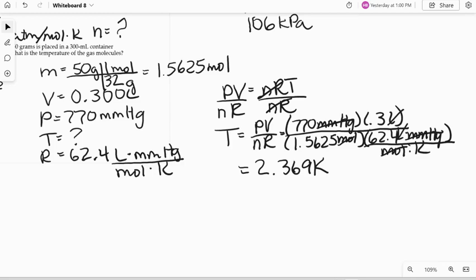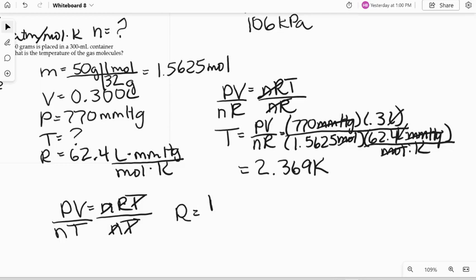Just remember that your units of R are the cornerstone here. Let's solve for R. PV equals nRT. So we're going to solve for R by dividing both sides by N and T. And R is going to be PV over NT. The units of P are the ones that can vary. They can be atmospheres, millimeters of mercury.